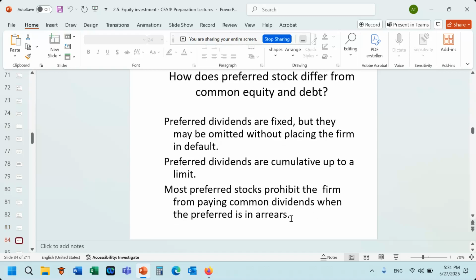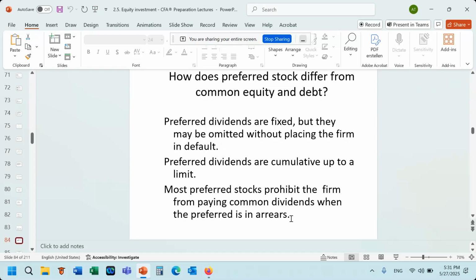Again, preferred dividends are fixed, but sometimes they are cumulative. Cumulative means that all the past dividends that are not paid have to be added and be paid. Most preferred stocks also prohibit the firm from paying common dividends if they don't pay preferred stock dividends first.